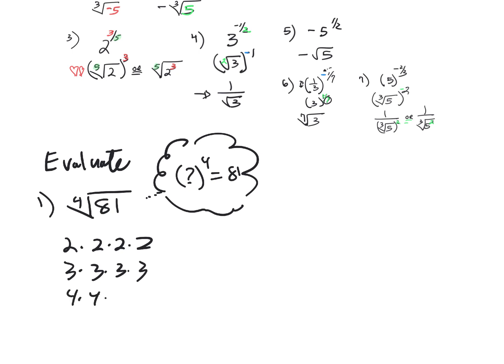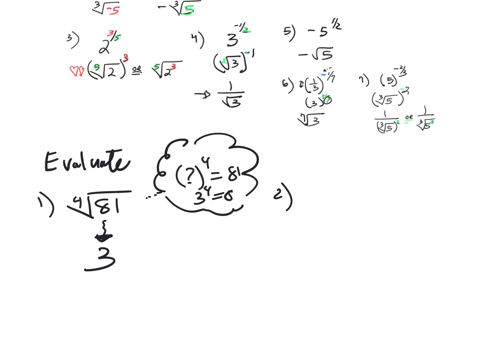Is it 4 times 4 times 4 times 4? Which one would give you 81? And obviously it would be 3. So 3 to the fourth power equals 81. So this equals 3. So 3 is your final answer because that's what you're thinking. Technically, it could be plus and minus 3, but when we're just asking for the fourth root of 81, we're just really asking for the positive root.